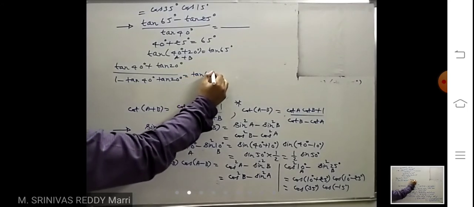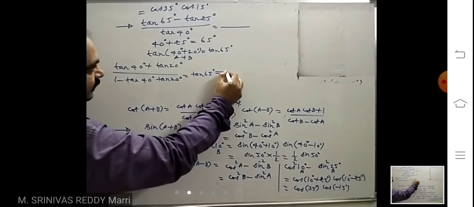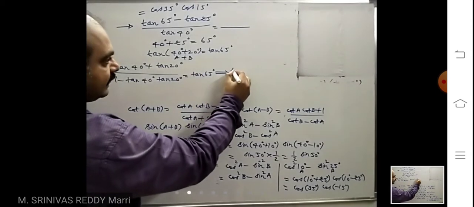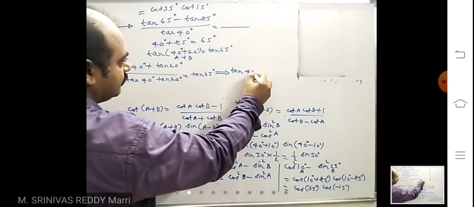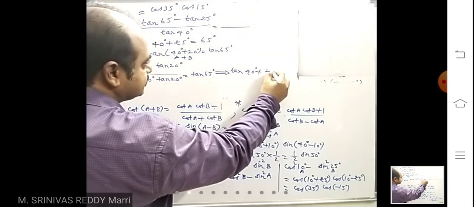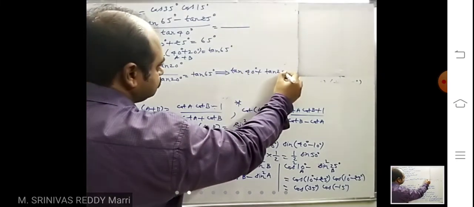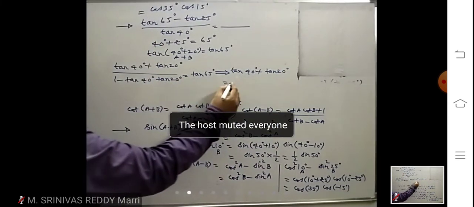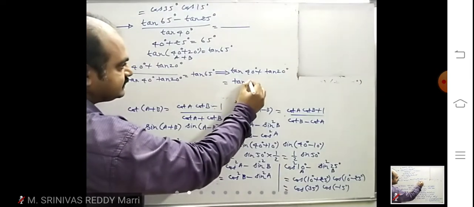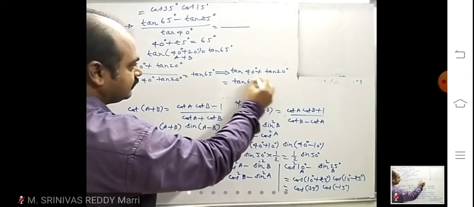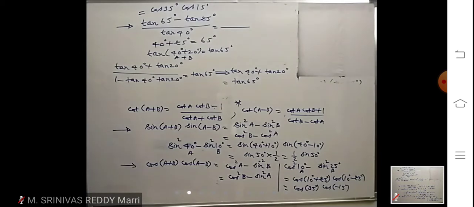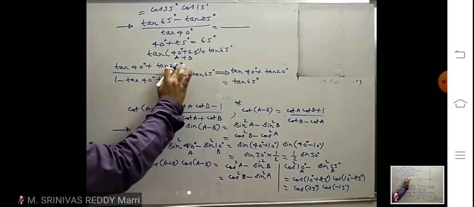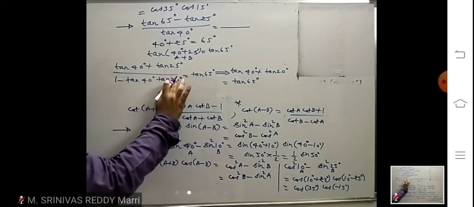Equal to tan 65 degree, implies multiply this side. So you will get tan 40 degree plus tan 25 degree equals, multiplying this side, 1 into tan 65 degree. 40 plus 25, 25, not 20, 25.